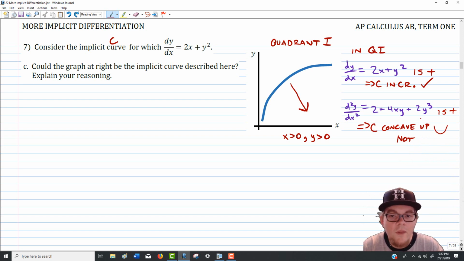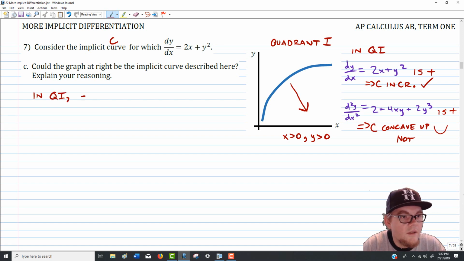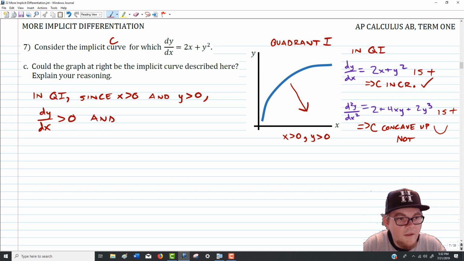Let's just state what's here. So what we just found out is in quadrant 1, since x is greater than 0 and y is greater than 0, dy/dx is greater than 0 and the second derivative, d2y over dx squared, is greater than 0.